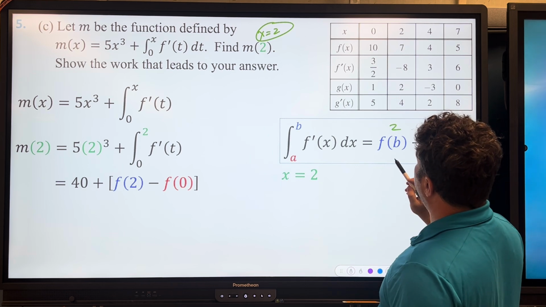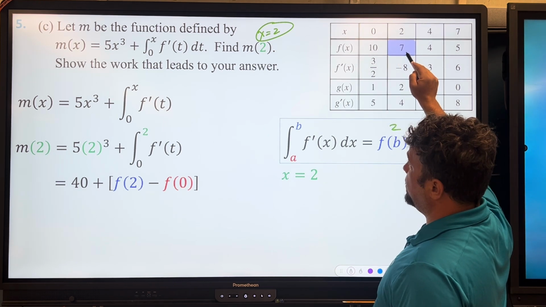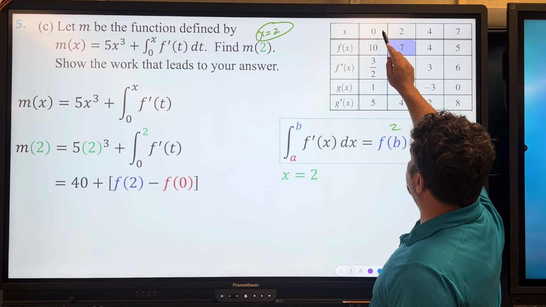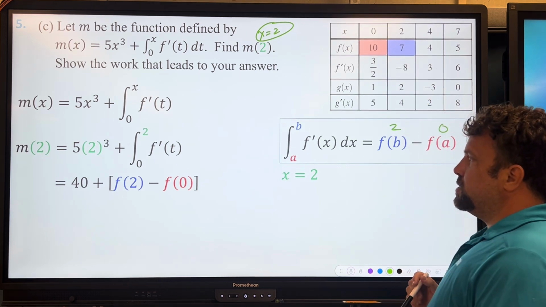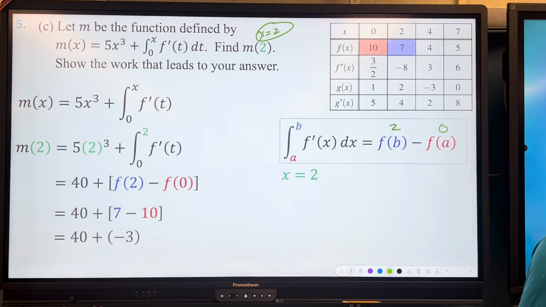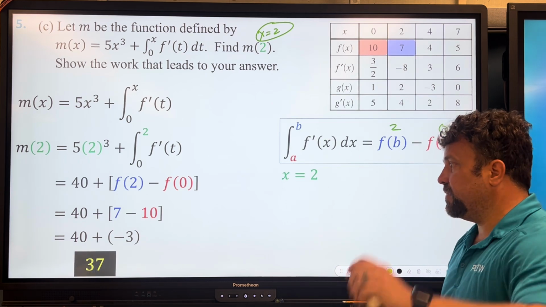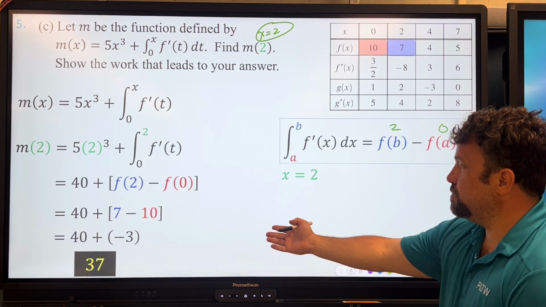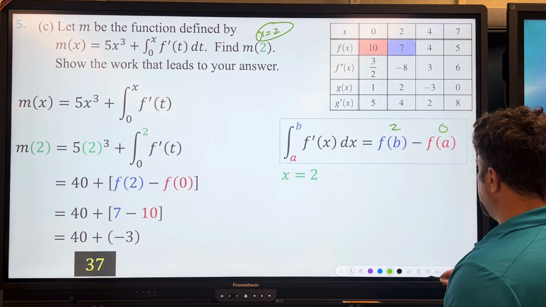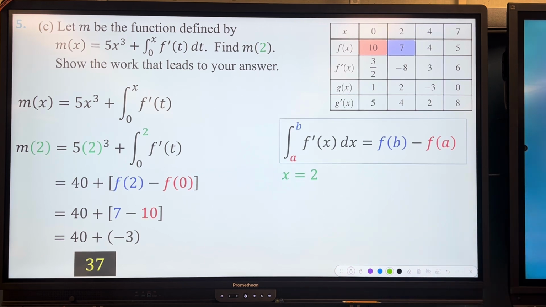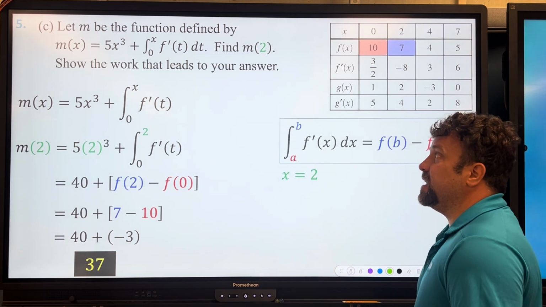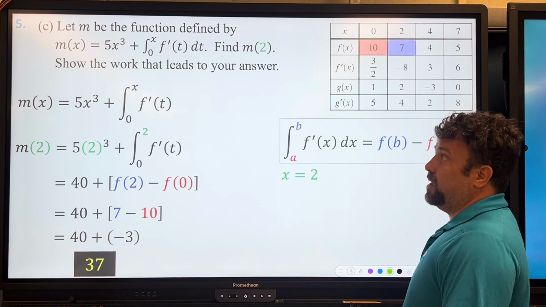So f of 2 is 7, f of 0 is 10. So 40 plus 7 minus 10, 40 plus negative 3 is 37. And that's your answer. I wish there was more work to show you or a trick to do, but that's as easy as it gets. You're not going to get a problem much easier than that.